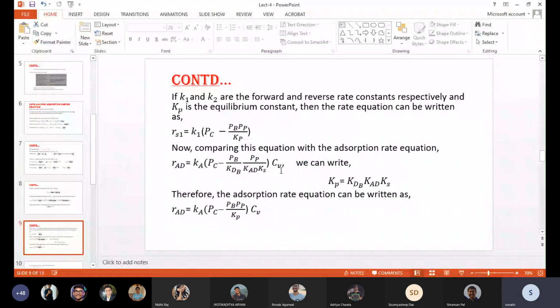Instead of Cv, because Cv is coming because the catalyst is present. Now Kp is equal to Kd of B Kad into Ks. So we can write here, instead of these three constants, instead of writing any arbitrary constant, we can write this as Kp. Kp is the partial pressure equilibrium constant, because this reaction is non-catalytic, only the gas phase reaction is happening. So RAD is equal to KA PC minus Pb Pp by Kp into Cv.